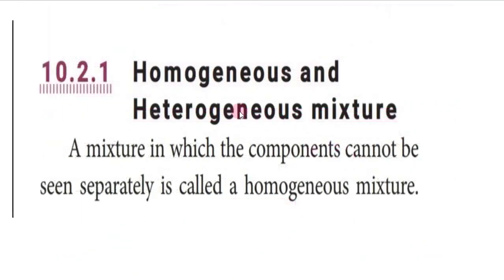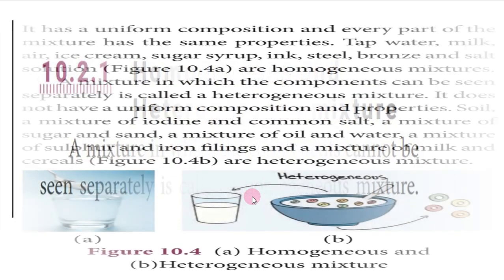And homogeneous, heterogeneous mixture. So what is homogeneous? This is a four mark question, so listen carefully. A mixture in which the components cannot be seen separately is called a homogeneous mixture.